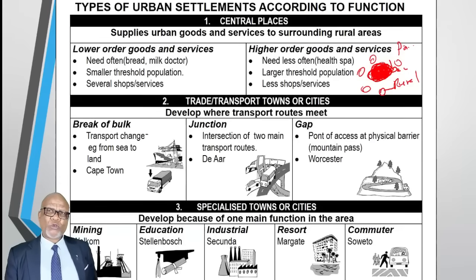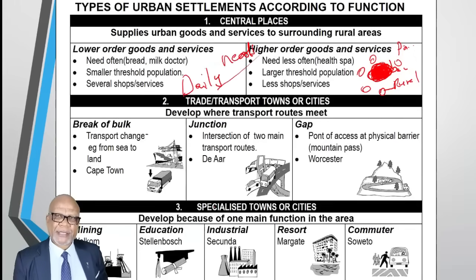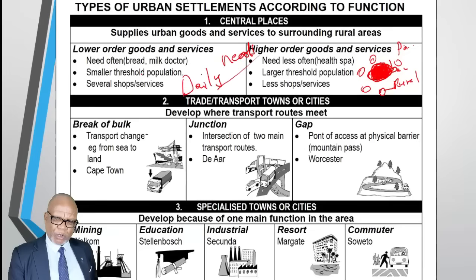So what are low order goods? Low order goods simply refer to your daily needs. These are the products that you need on a daily basis. So they have a small threshold population and they have several shops or services. And these are goods that you don't travel a longer distance for.